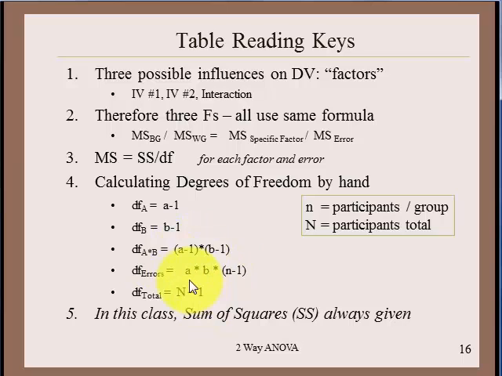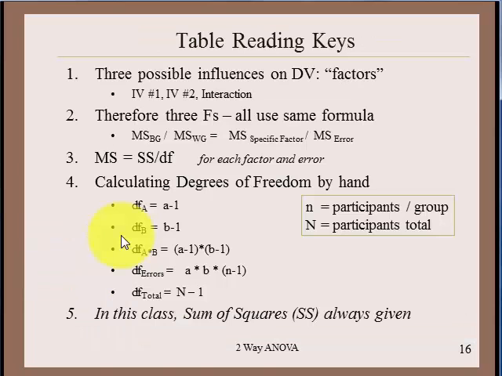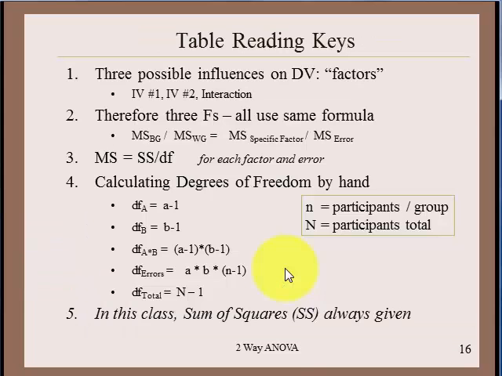Okay, so for degrees of freedom error, it'd be A times B, so it's 2 times 2. Remember, that's because for color we have blue and pink, and for sex we have boy and girl. That's 2 times 2, and then n minus 1. I set this up so it'd be very simple, so we just had 3 per group. So it would be 2 times 2 times 2, which would be 4 times 2, also known as 8. And that's how we get the 8 degrees of freedom there.